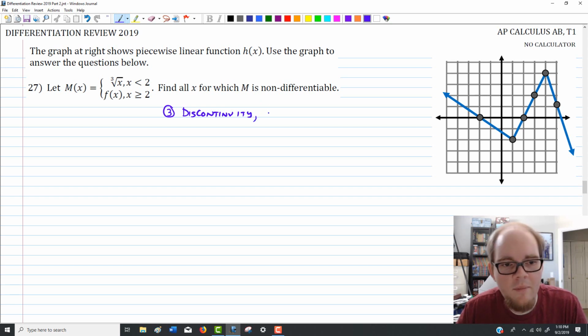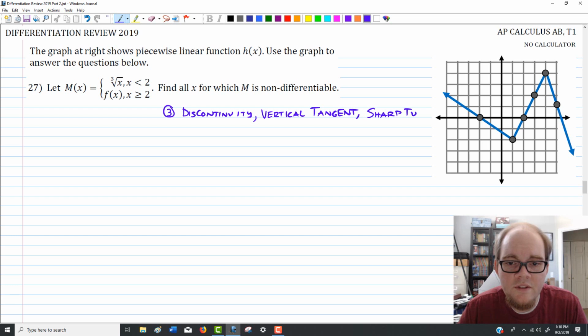It could be that there happens to be a vertical tangent, meaning a place where the function is continuous but the slope goes to infinity, plus or minus. And then third, there could be a sharp turn, a place where the function is continuous but the slope abruptly changes values so that the derivative function is not continuous itself. So all 3 of those things are things to look out for.